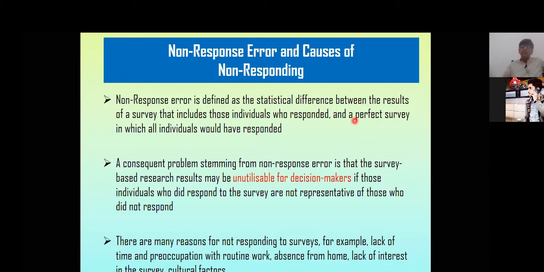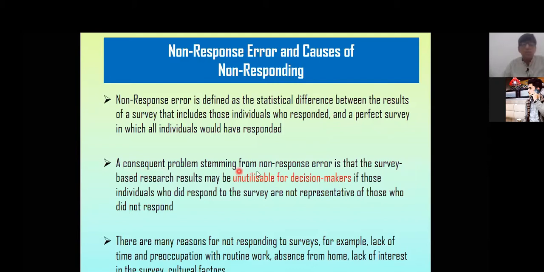Even if you are sending your questionnaire through the post office, through postal or courier services, normally the response rate remains less than 50%. In most of the cases, in whatever research I have experienced, I have not seen a 100% perfect survey response.